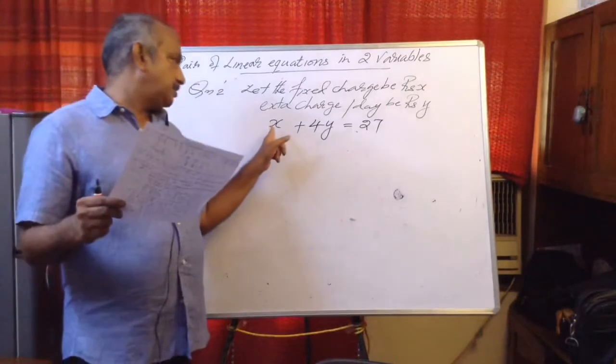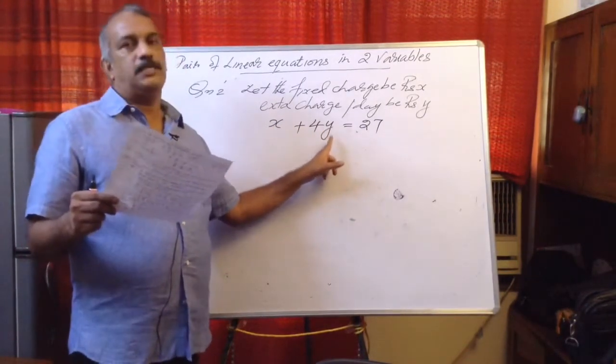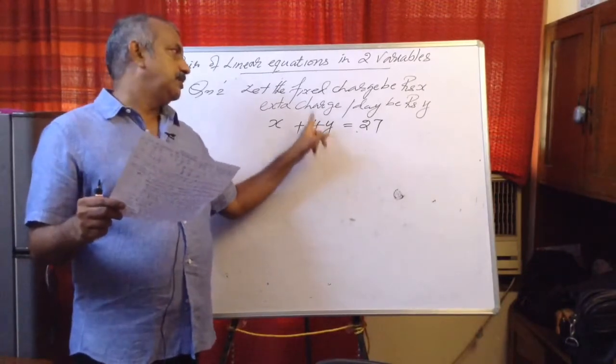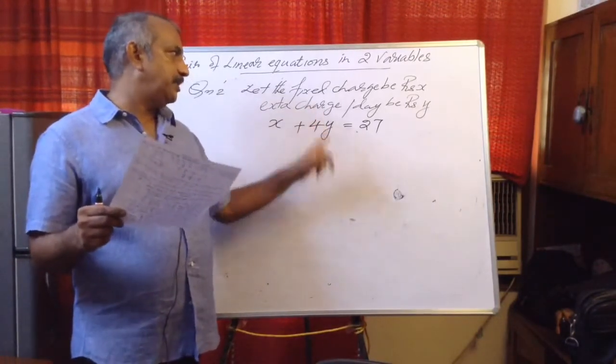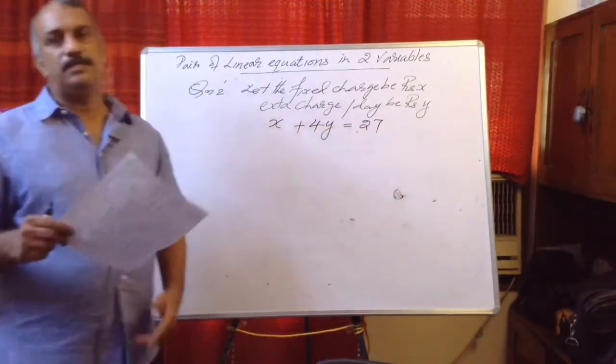So she has to pay X rupees plus 4 days extra. She kept the book 4 days, so she has to pay at the rate of Y rupees. So X plus 4Y is equal to 27, total amount.